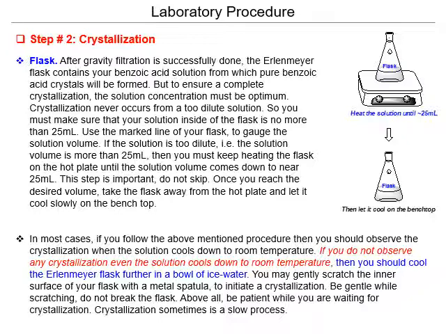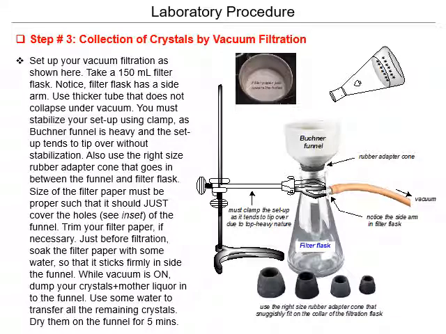It will push the other benzoic acid molecules to precipitate out and come out of solution. But crystallization indeed can sometimes be a slow process. So now you're ready to collect the crystals by vacuum filtration.